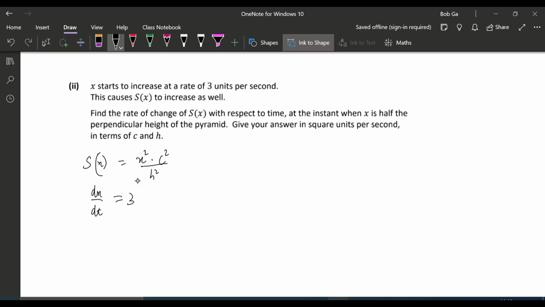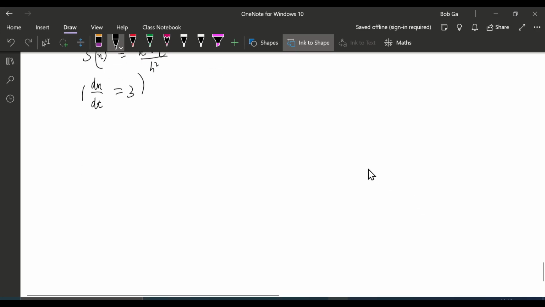That's what we've been given as well. Now we need to set up these functions. We need to find ds over dt, the rate of change of s with respect to time. That's what we don't have.